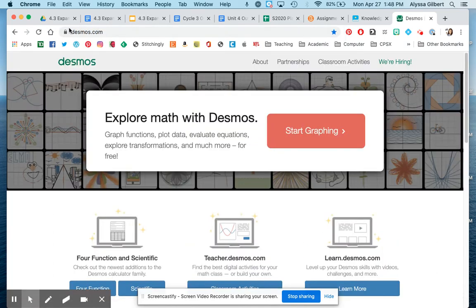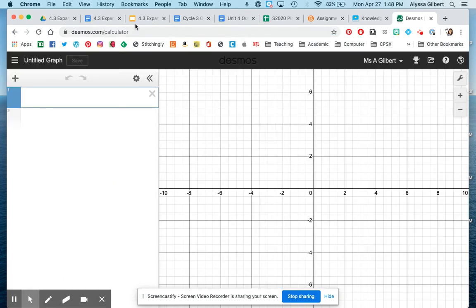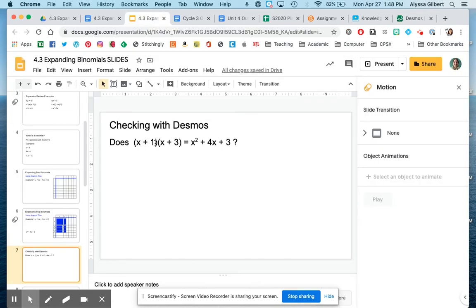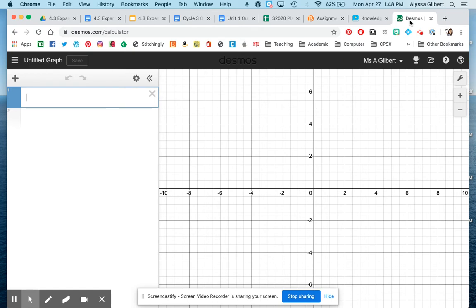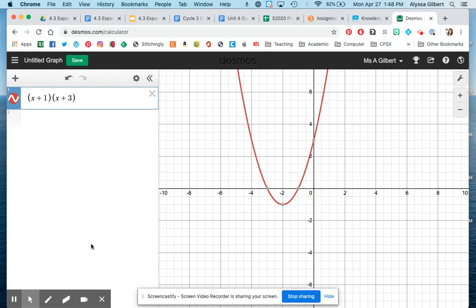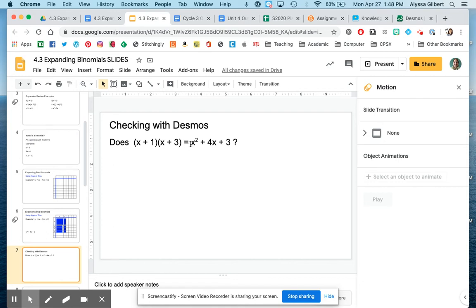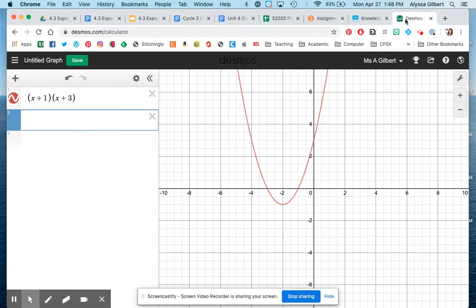So to go to Desmos, you're going to go to desmos.com, start graphing, and then type in your equations. So x plus 1 times x plus 3. So x plus 1, you can just use your keyboard. Or if you want, there's a keyboard down here that you can bring up. The next one is x squared plus 4x plus 3.